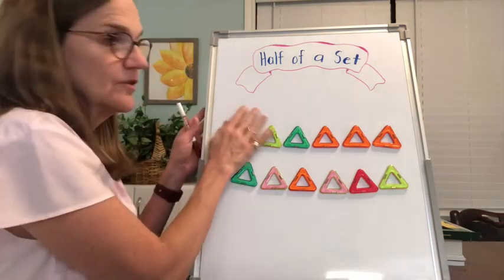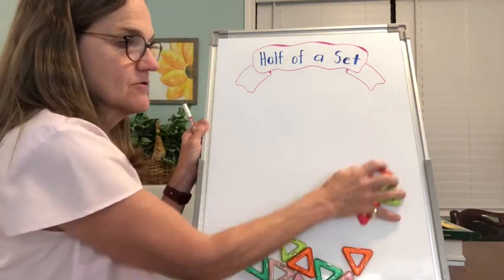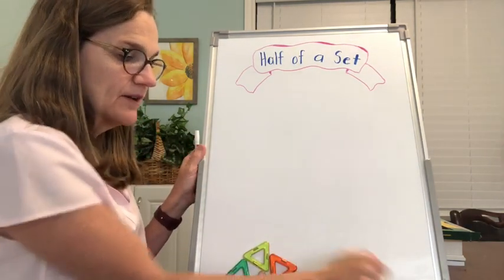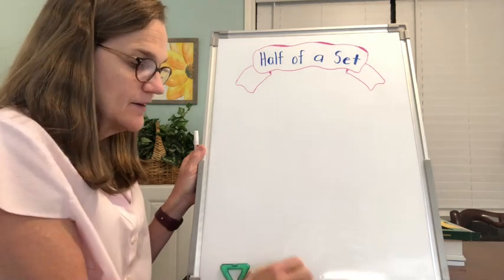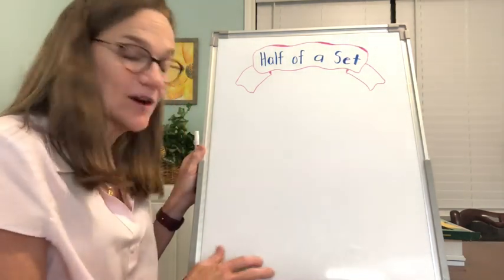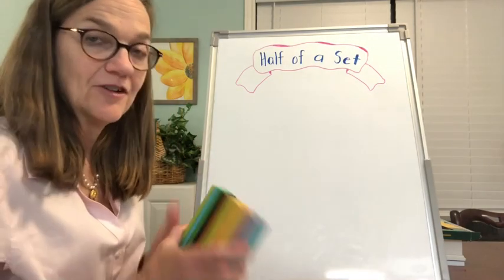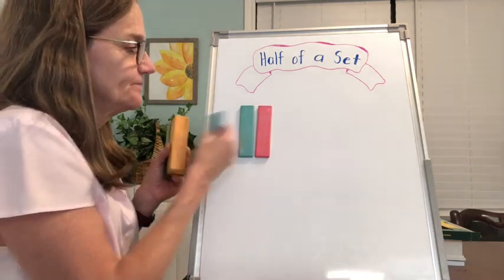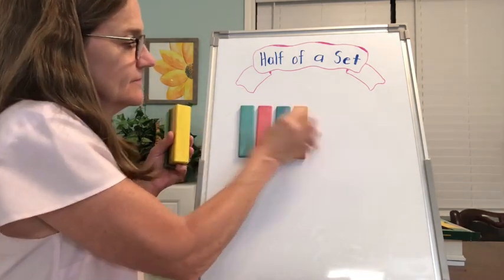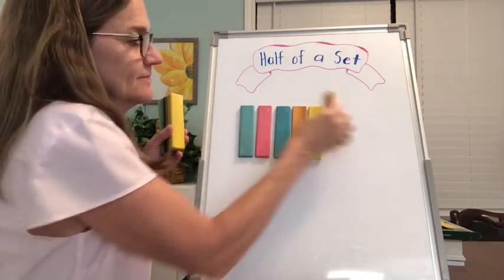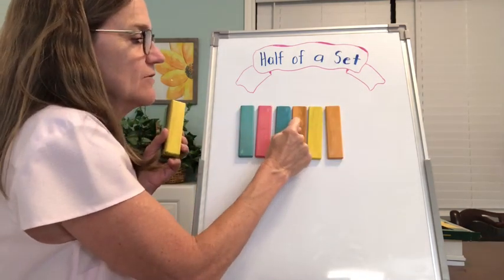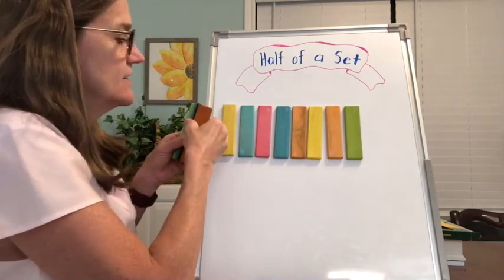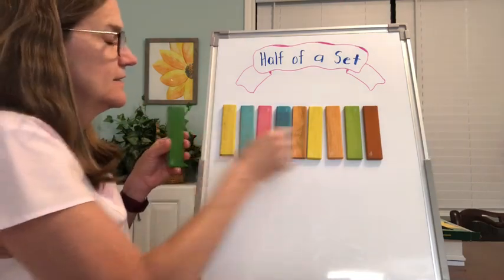Let me try some other objects real quick, one more set of dividing. We're going to have one big set, and then we're going to divide it into two smaller sets. We're going to divide the set of tall rectangles into two sets. 1, 2, 3, 4, 5, 6, 7, 8, 9, 10.